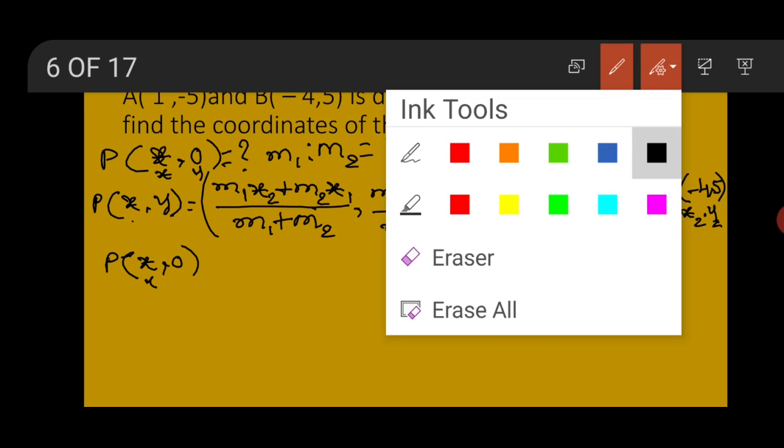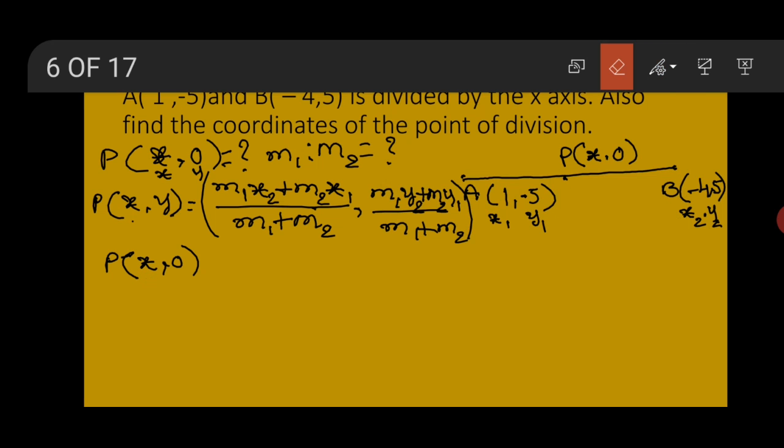Substitute the values. Coordinates of point P is what? x comma 0. This point is x and this is y, right?